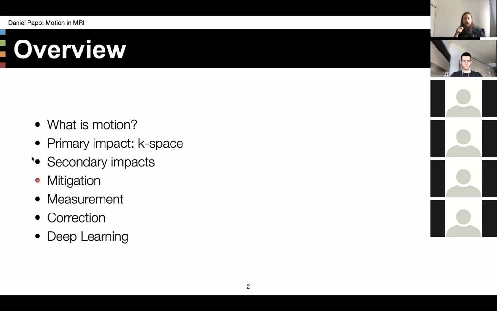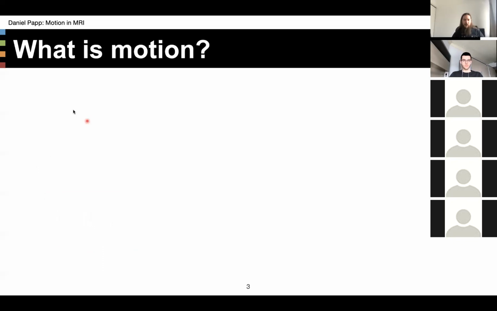And then once we've done some mitigation, we need to measure what is left, and then hopefully we can correct it. Then I'll finish with some excursions into deep learning. That's where my expertise will completely end. So that's just a couple of slides. But with that, let's get going, or moving, should I rather say.